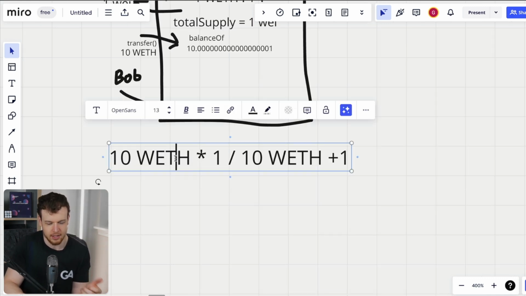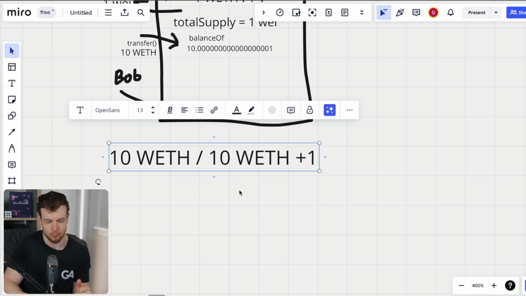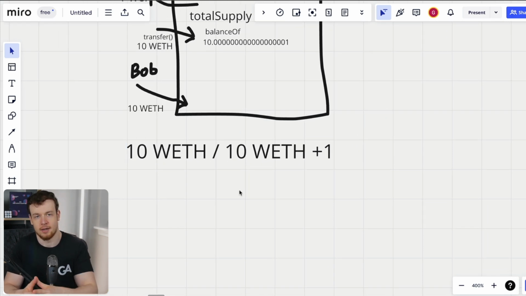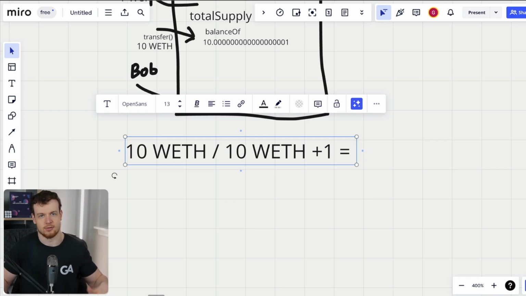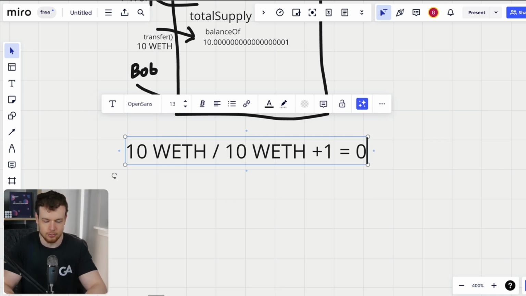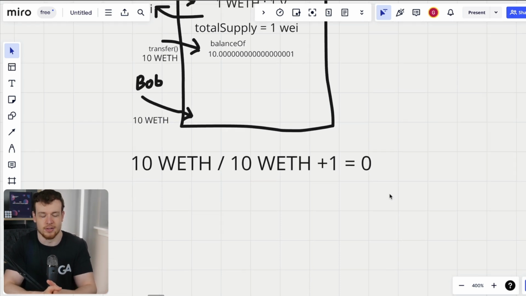We can remove this times 1: 10 wrapped ether divided by 10 wrapped ether plus 1. Well, of course, in Solidity, with rounding errors, precision loss and truncation, this is equal to 0. So Bob has received 0 vault tokens, even though he deposited 10 wrapped ether.